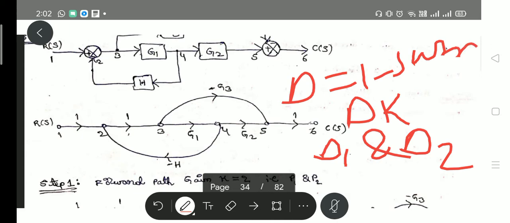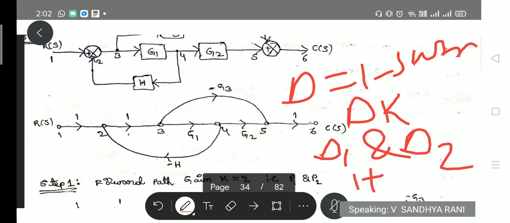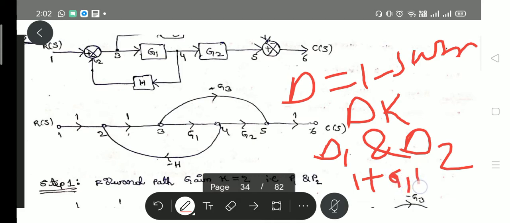So the delta value is 1 minus the individual loop gain, here G1 into minus H. Minus into minus gives plus, so we get 1 plus G1 H. This is the delta value. Delta is 1 plus G1 H, right?